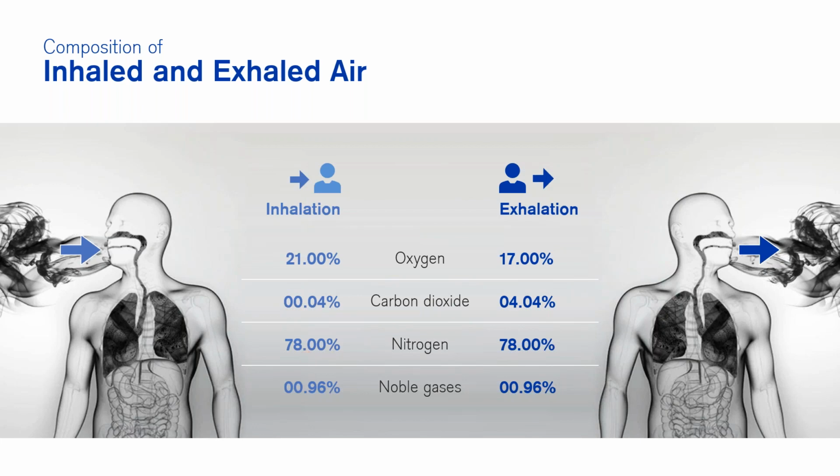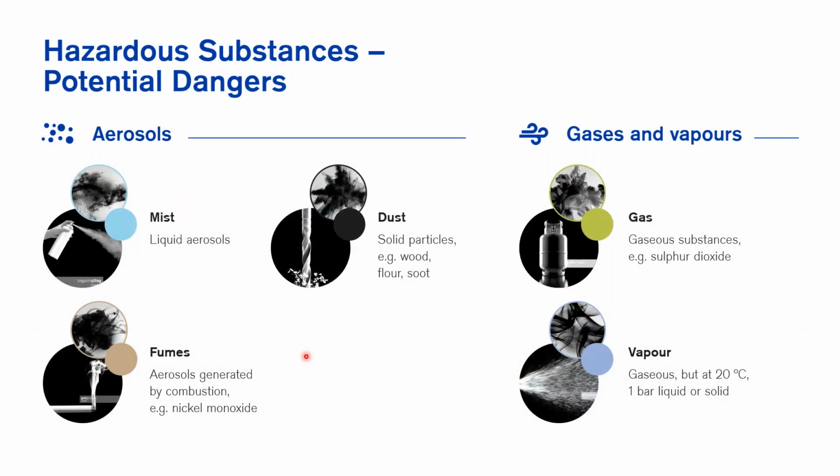Some of the contaminants will most likely be mist, dust, fumes, and at the same time unknown gases like contaminant gases, such as sulfur dioxide, or even vapor gases might occur as well. However, for filtering face pieces, we will be covering how it protects us against mist, dust, and fumes.